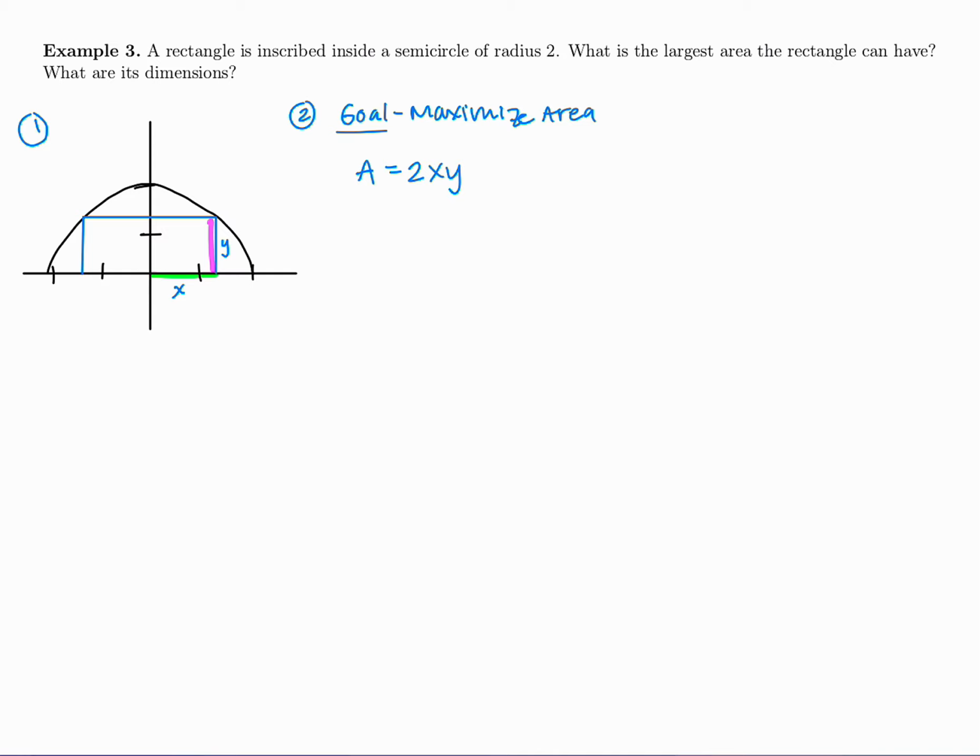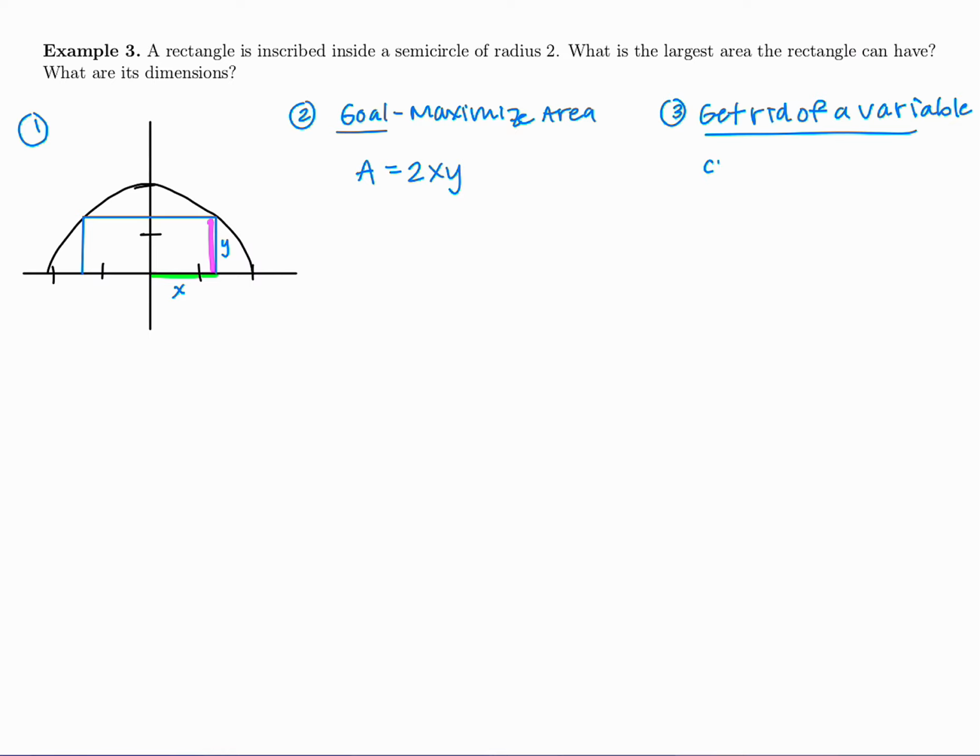Unfortunately, that has two variables, so we are going to have to try to get rid of one. So step 3, we'll get rid of a variable, or get to one variable. And I'm going to do that by writing the equation of this semicircle.